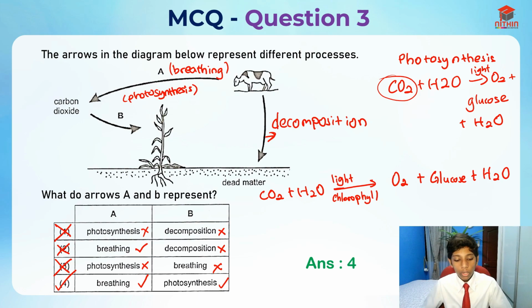And also you should be able to understand that B is actually photosynthesis because this is a plant over here. And only plants take in carbon dioxide, okay? Like us humans, we can't take in carbon dioxide. We do take in carbon dioxide, but that carbon dioxide is useless for us, while for the plants, it's actually really useful.